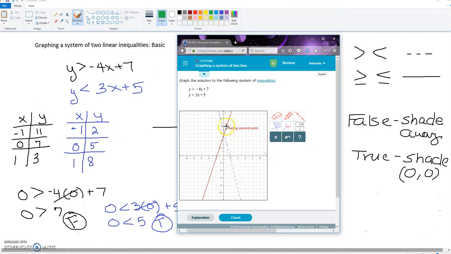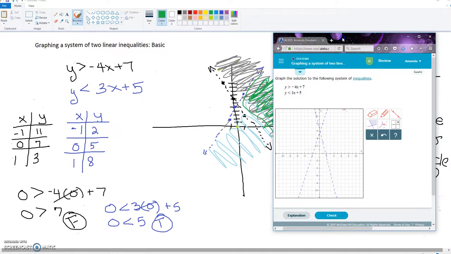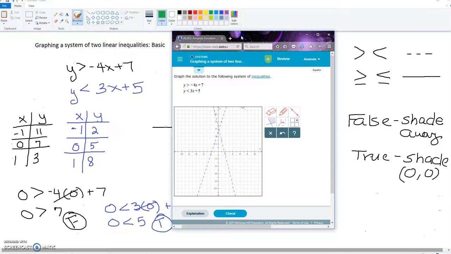Go ahead and draw our line. Changed it to dashed. And of course, as you can clearly see, my graph and that graph don't completely look the same. This is why I'm showing you on here, so this way it looks better.